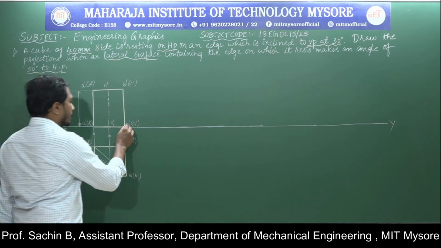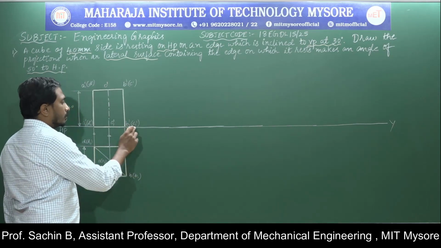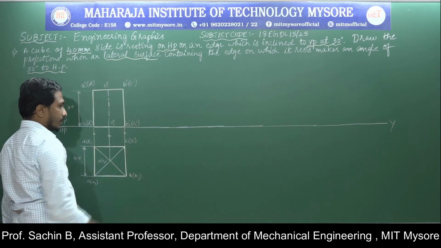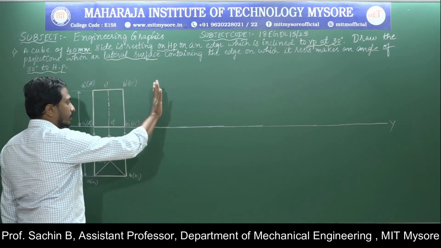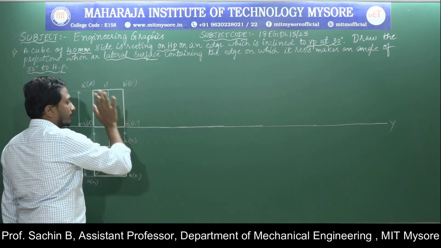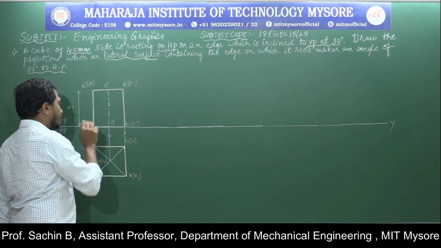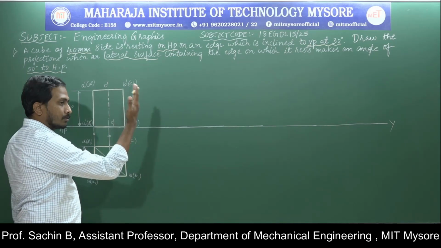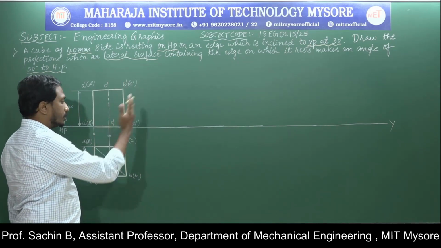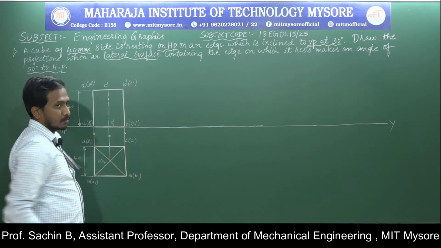If I consider this B1 dash and C1 dash as the resting edge, I should rotate towards the right side of the first position. If I consider this A1 dash to D1 dash as the resting edge, my rotation should be towards the left side of the first position.